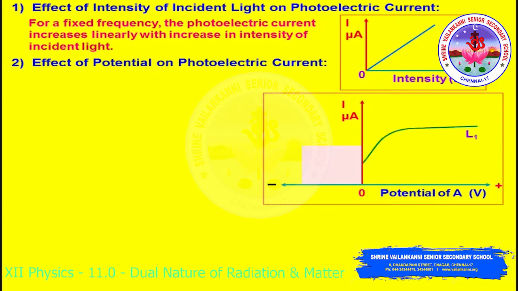You're seeing the photoelectric current with the anode potential at A. If we keep the intensity and the frequency of the incident radiation fixed and increase the positive potential, which we can call the accelerating potential, on plate A, gradually the photoelectric current increases with the increasing accelerating potential till a stage is reached when the photoelectric current becomes maximum and does not increase further with the increase of accelerating potential.